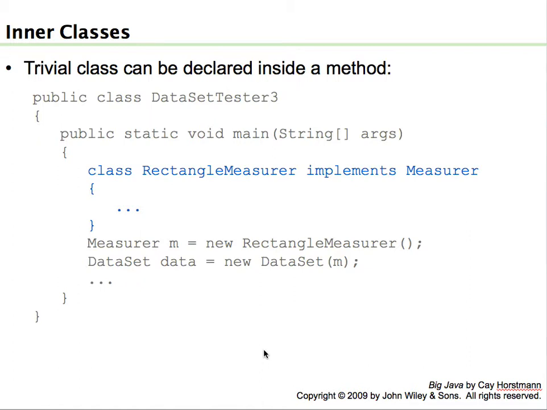So we learned about classes and we learned about methods, and we said that a class is a unit of code that allows us to represent a concept in our software.